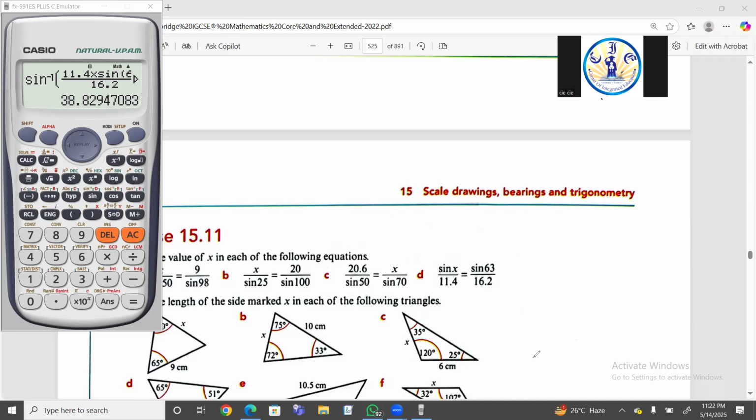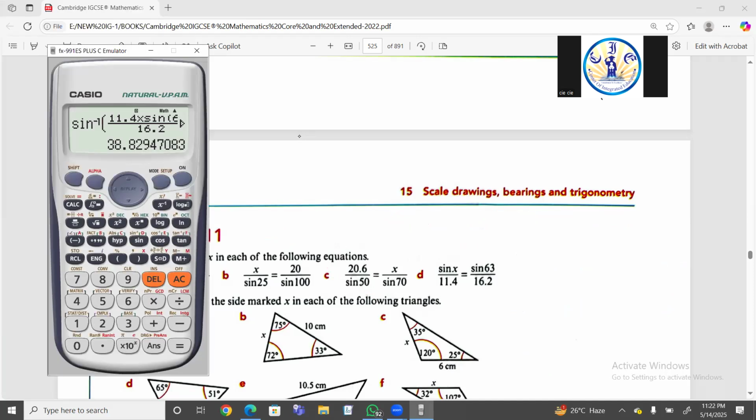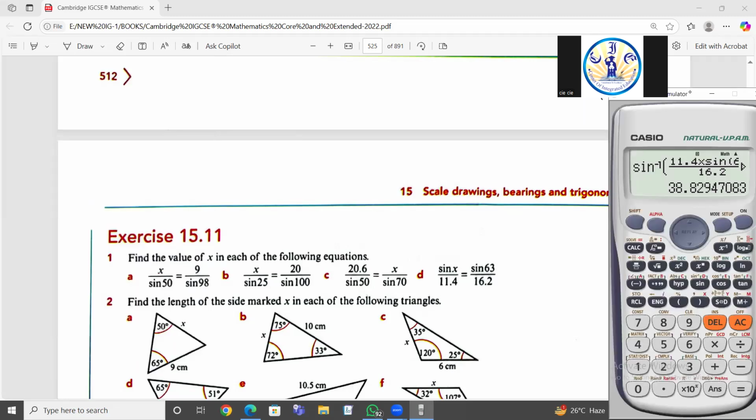Okay, then it is question number 2 now. Find the length of the side marked x in each of the following triangles. Now the side is x, opposite to that side is the angle 65, and then 9 and 50 are opposite to one another.